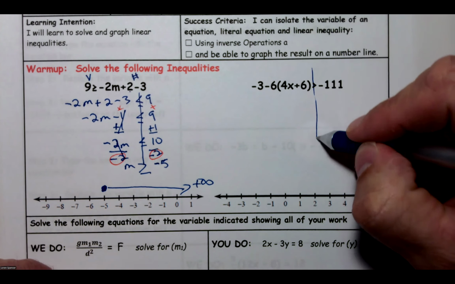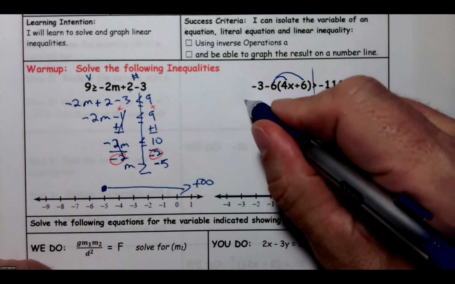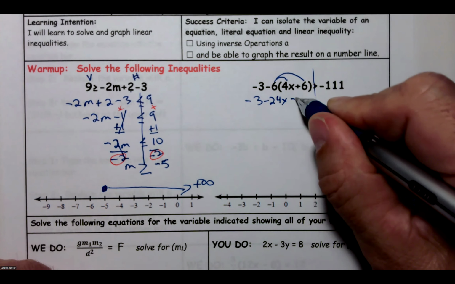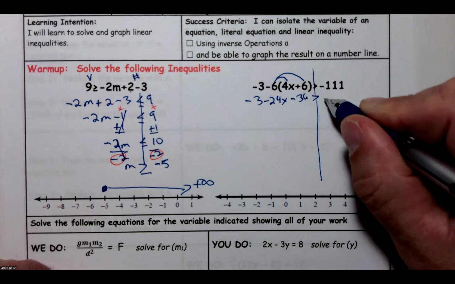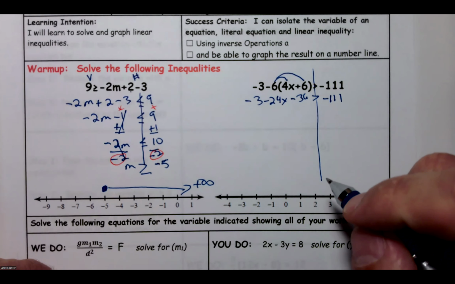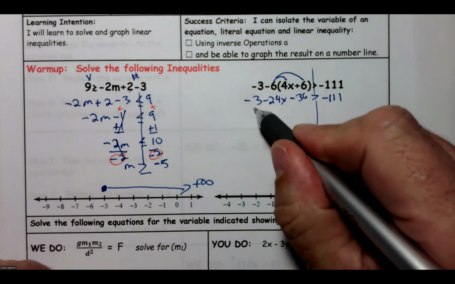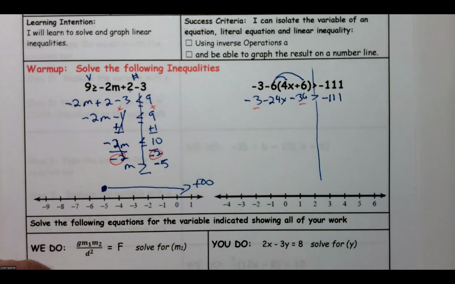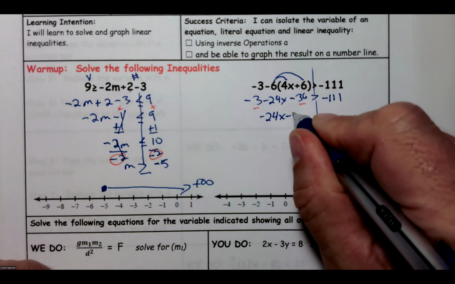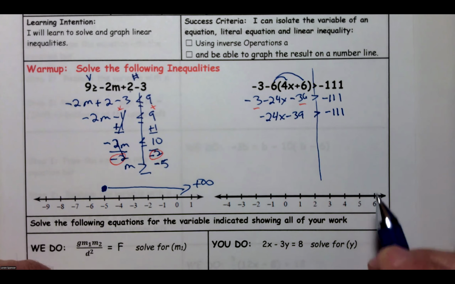All right, continuing on with this, we're going to distribute, and we'll have negative 3 minus 24x minus 36 is greater than negative 111. Now we have like terms. I can combine this 3 and this 36, and I end up with negative 24x minus 39 is greater than negative 111.